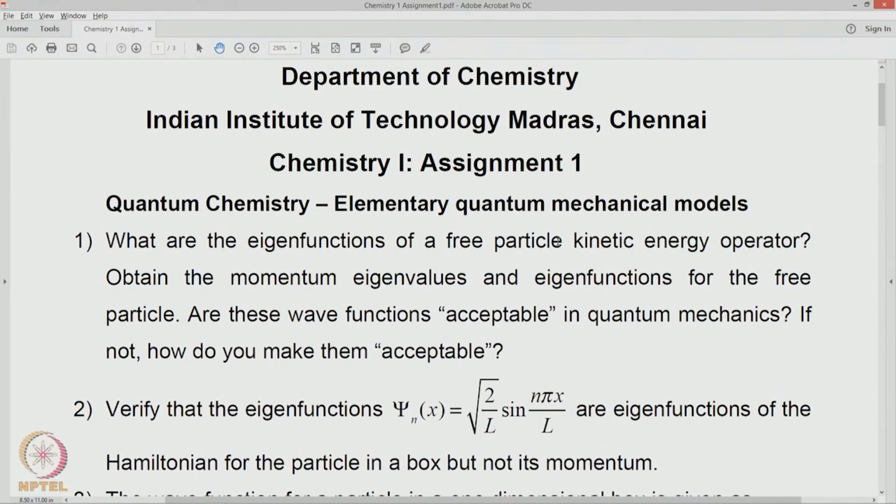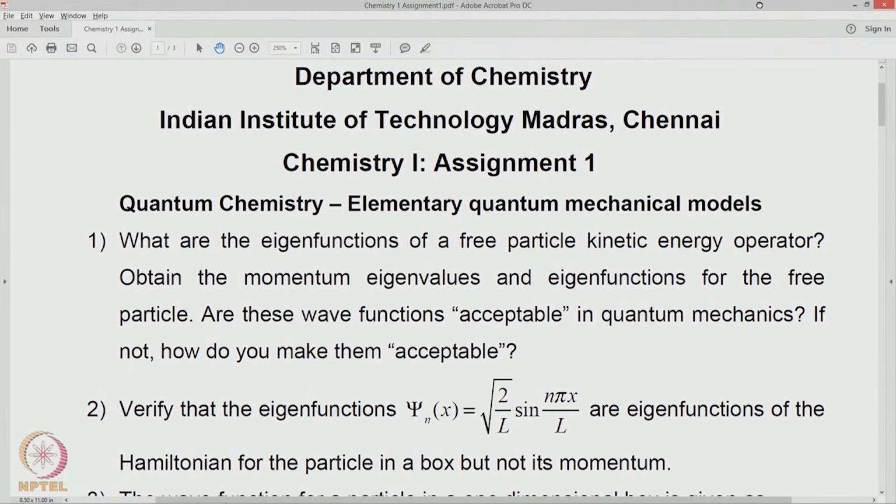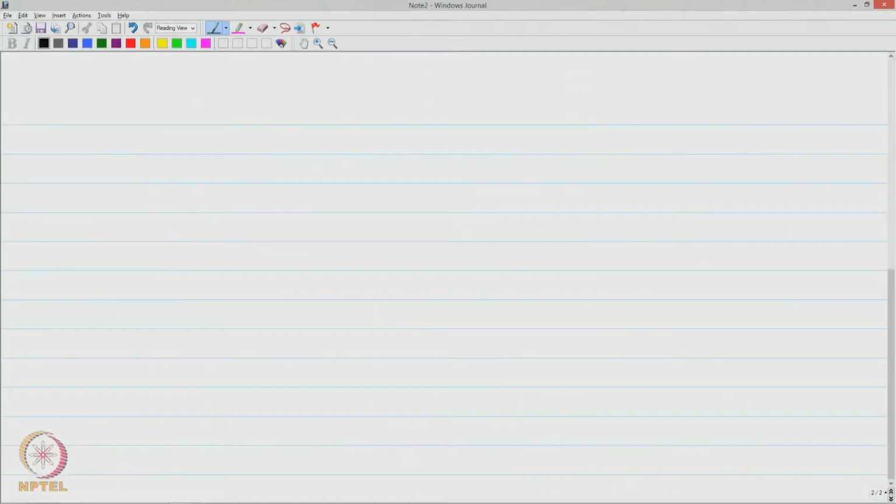These are all conceptual ideas when you are learning quantum mechanics for the first time. Therefore, it is important to go through these details very carefully. Okay. So, what are the wave functions for the free particle kinetic energy operator?